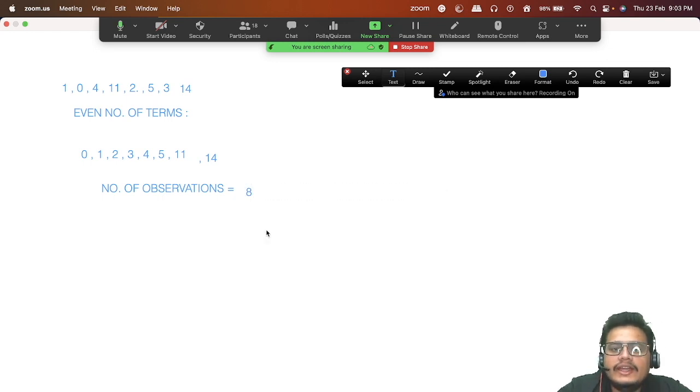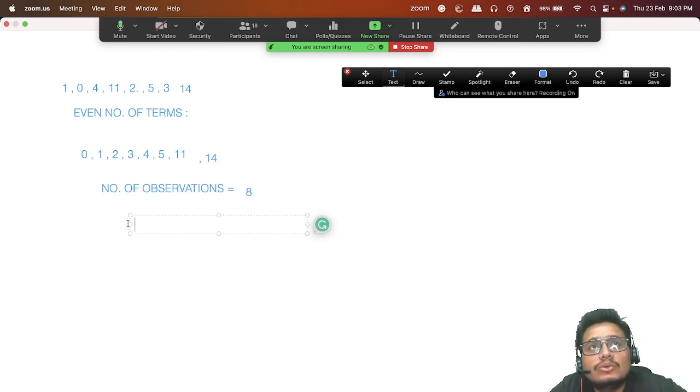Now we have 8 observations. Now 8 is an even number of observations, right? Then our median will be the average of the middle 2 terms.